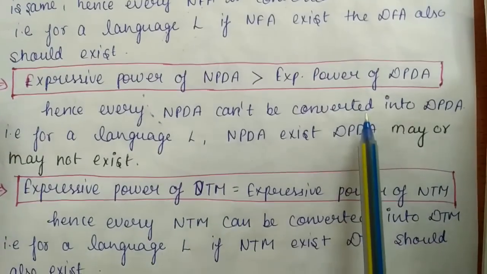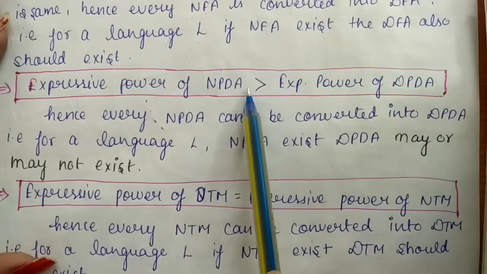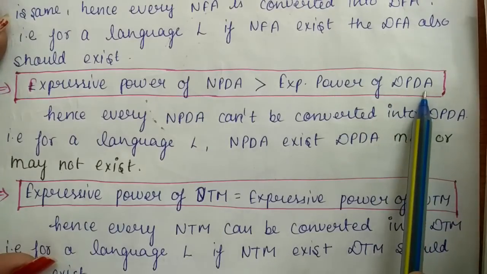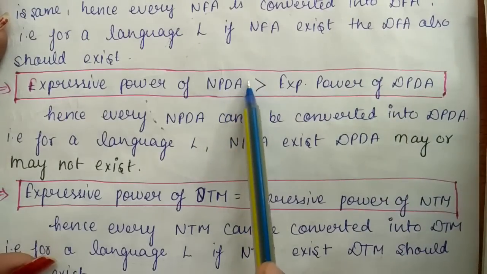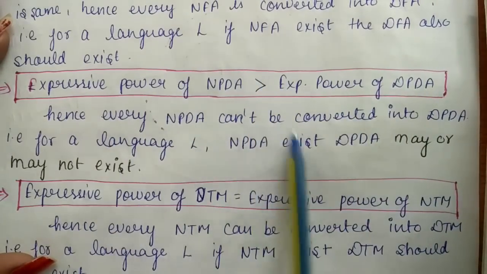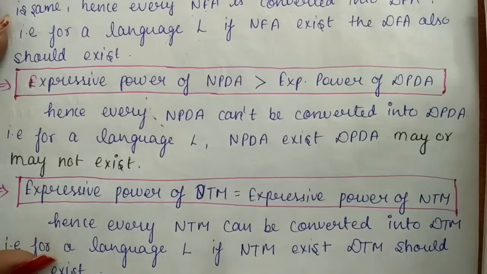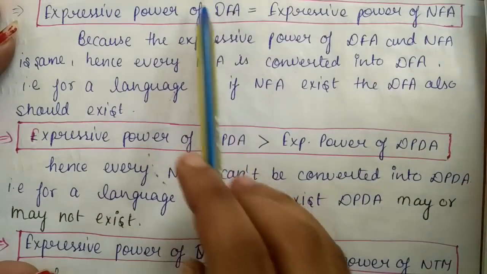The expressive power of NPDA, non-deterministic push-down automata, is greater than the expressive power of deterministic push-down automata. So when we come to push-down automata, we will see that NPDA cannot always be converted into DPDA. The machines which have the same expressive power can be converted into each other, like NFA can be converted into DFA.